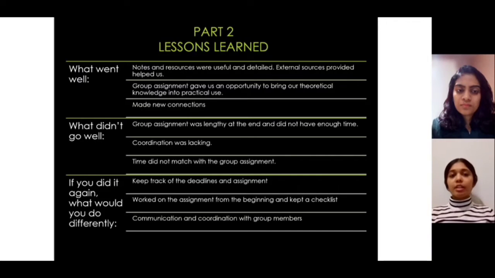And lastly, if we did it again, what would we do differently? We would keep track of deadlines and assignments, and we would make a checklist and hold a regular weekly meeting, where we would know the next due date for our assignment and what the other group members are going to do.